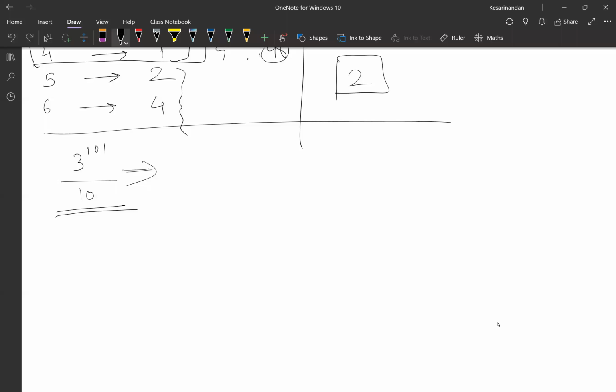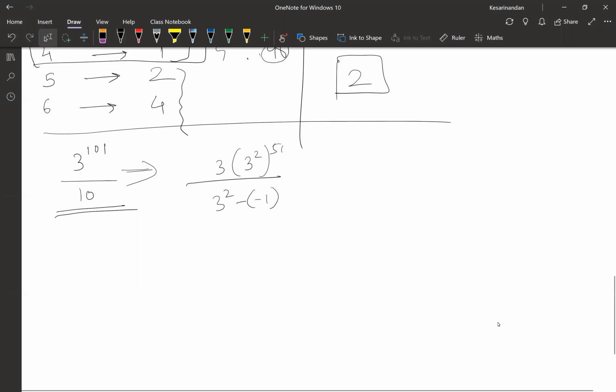How do we get 10 as close to a power of 3? Can we do it as 3 square minus 1? Now we have 3 square here. We need to express the numerator in terms of 3 square as well. So that would be 3 into 3 square to the 50.